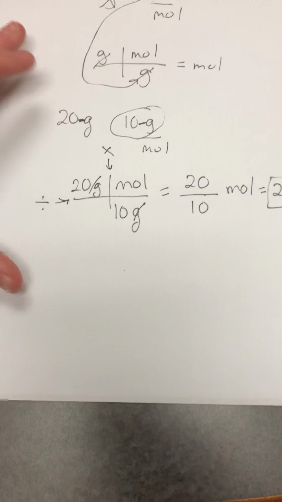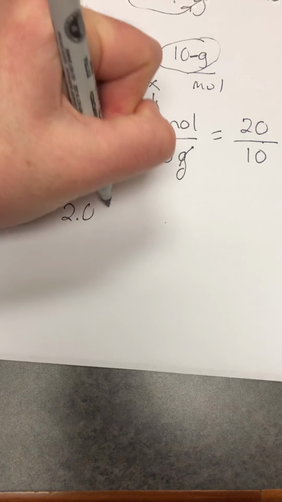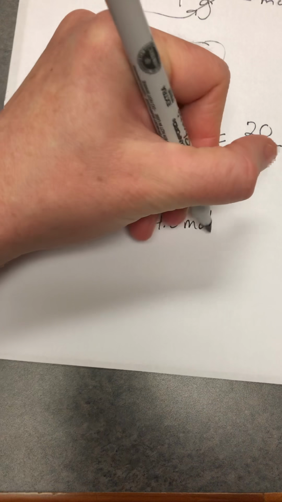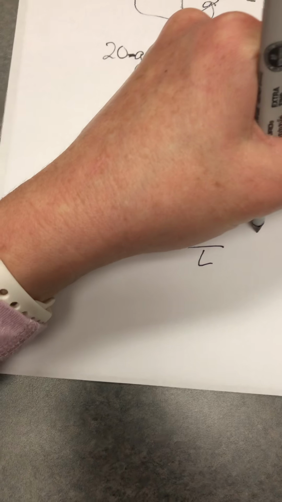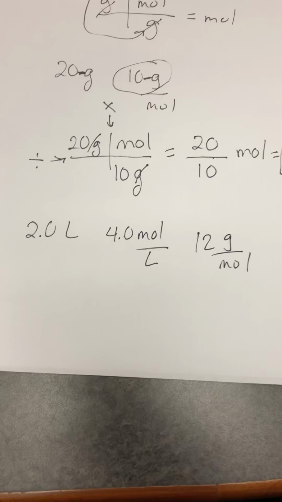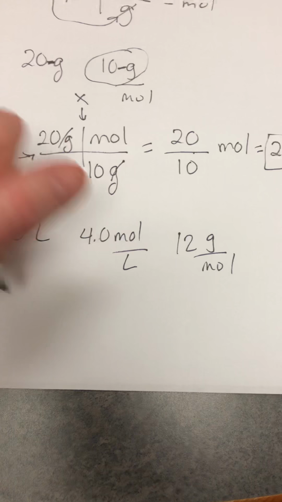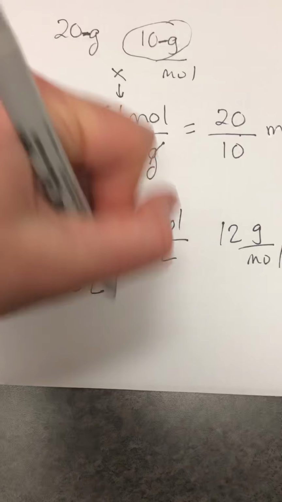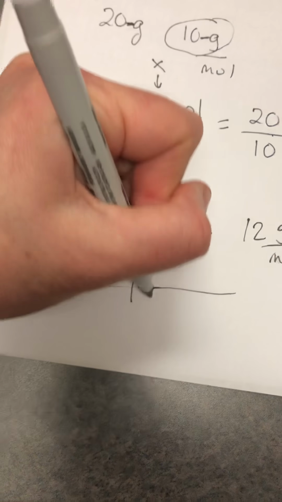Moving on to one more slightly complex example. 2.0 liters, 4.0 mole per liter, and 12 grams per mole. So we go to put this together. We put the thing with one unit there. Go to draw our game board. If this is liters, this must be liters.